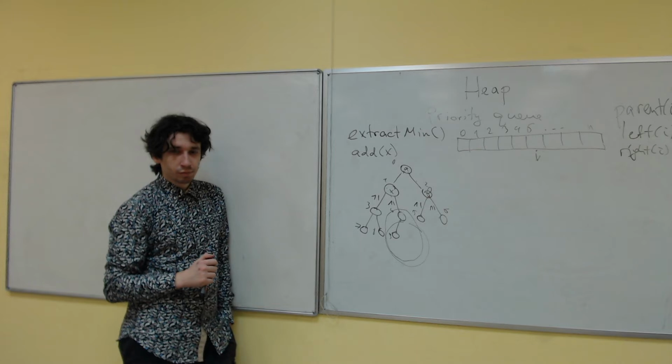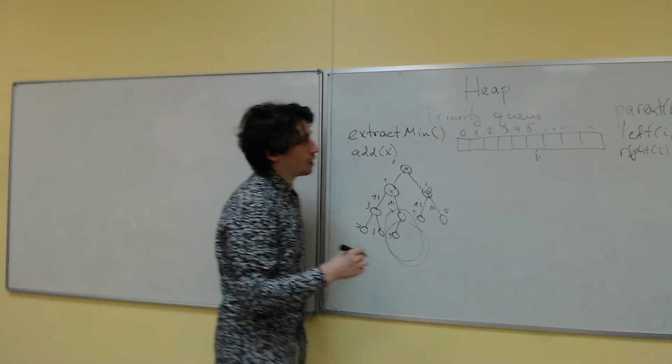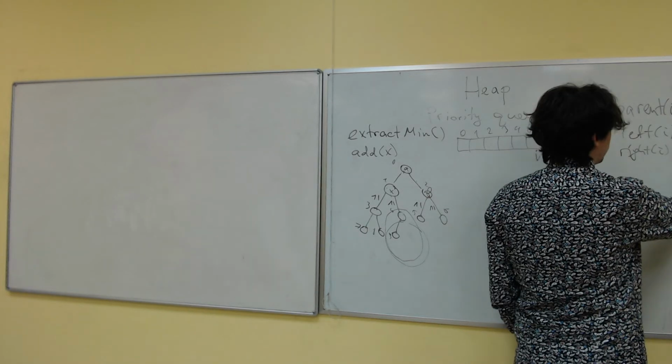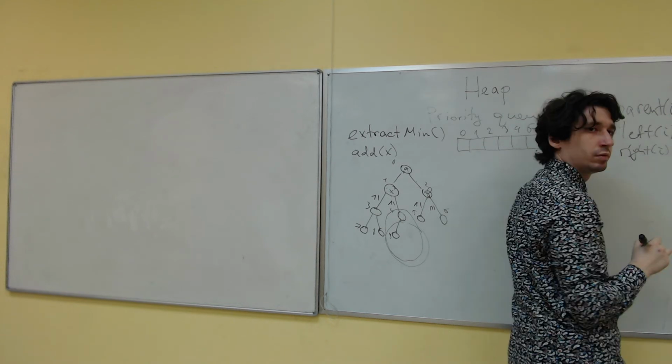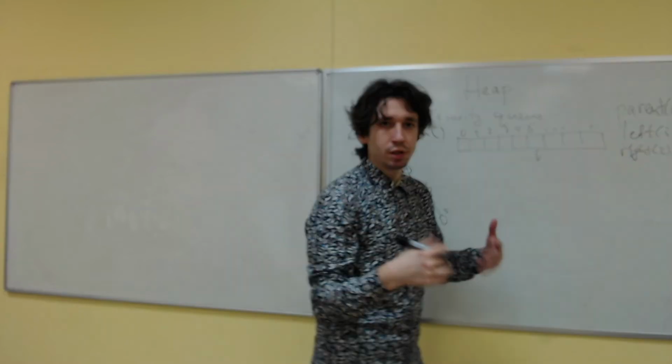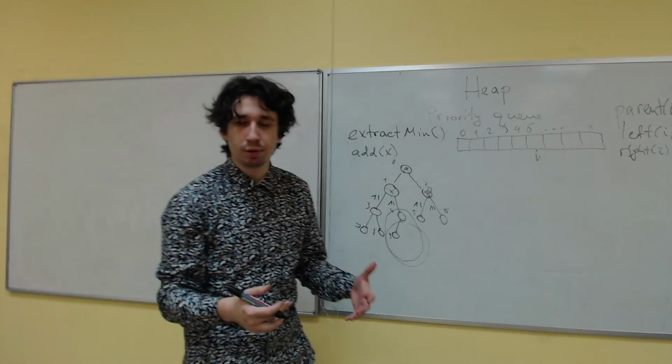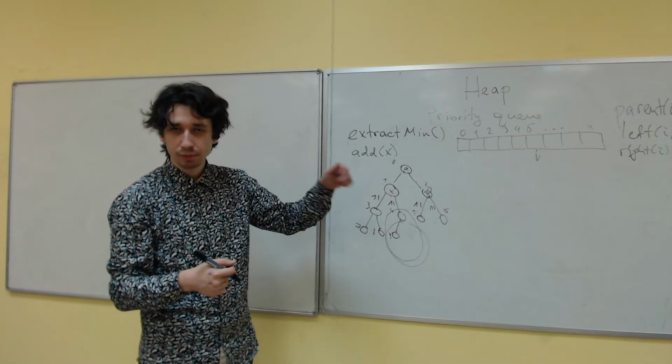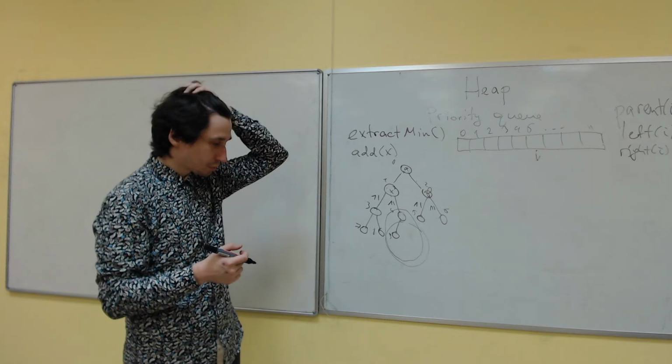So 2i plus 1. And the right? Plus 2. Yeah, 2i plus 2. So now we already know how to get the parent and the children in the heap.